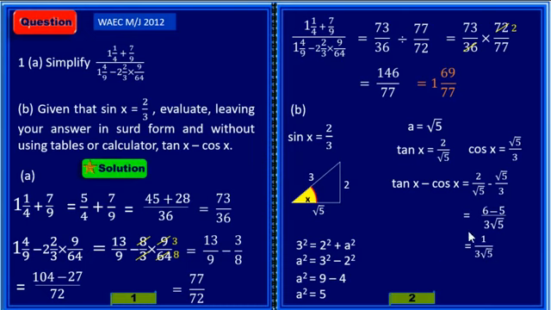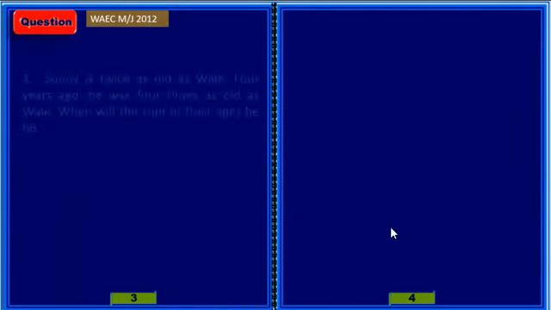But we can simplify this further by rationalizing the denominator. That we do by multiplying the numerator by root 5 and the denominator by root 5. On further simplification, the final answer will give us root 5 over 15. So now we are done with question number 1. We move straight to question number 2.